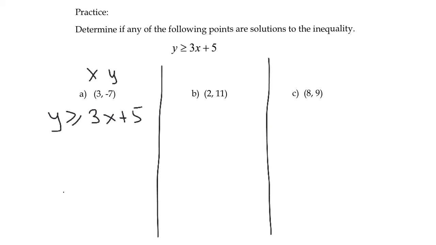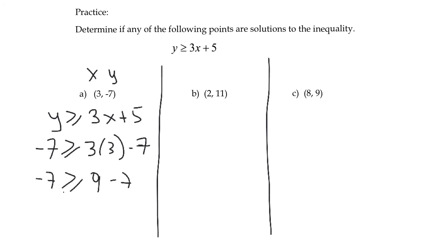For y, I will put -7, greater than or equal to 3 times 3 plus 5. Let's continue: -7 is greater than or equal to 9 plus 5.